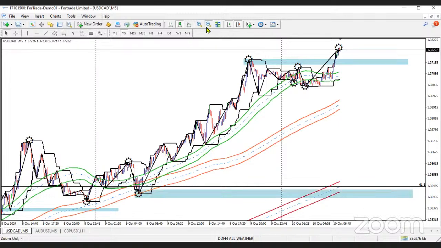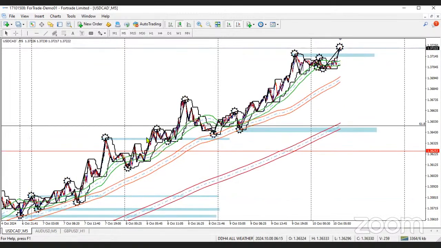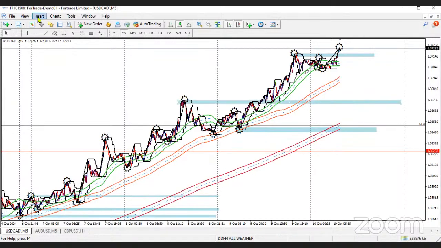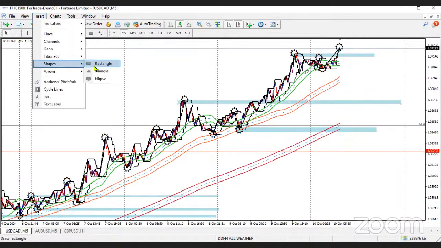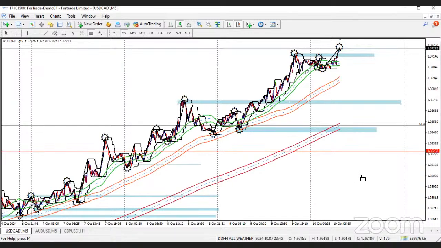Okay, so we've marked that out. The other level we're now marking out is day before yesterday's high, and day before yesterday's low.